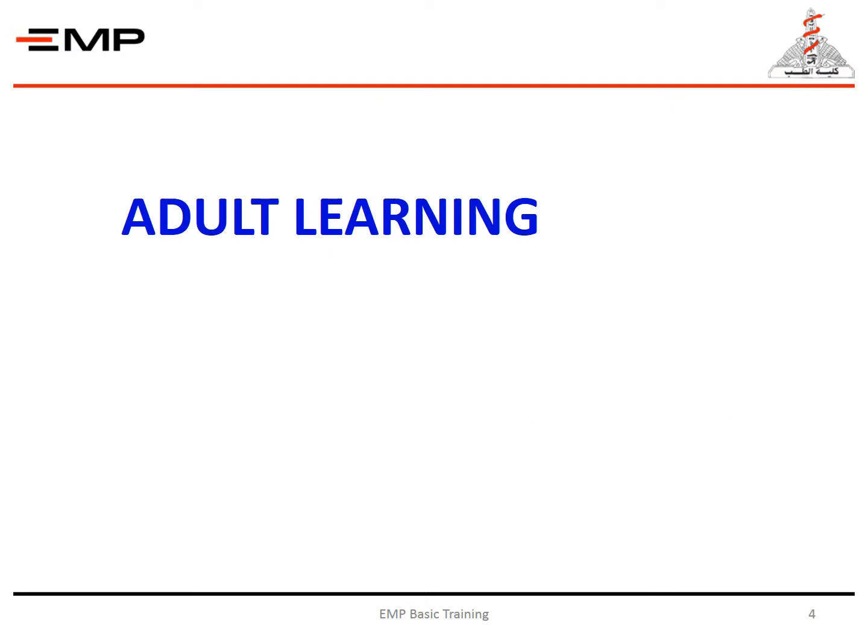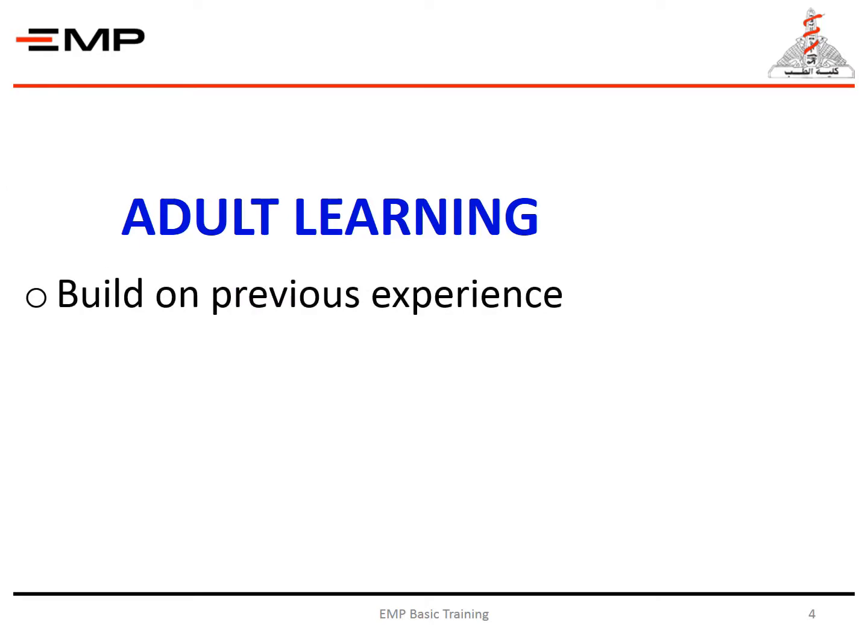We are dealing with adult students, and adults learn differently than children. Adults build on previous experiences. Adults need to know why they are learning. They are always asking, how am I going to use it in the future?